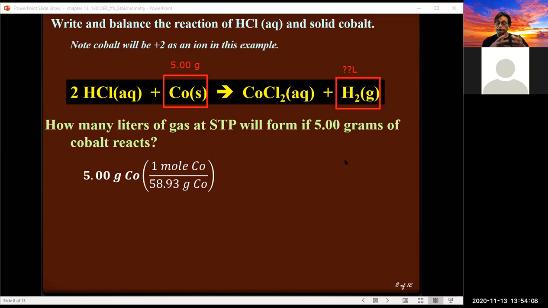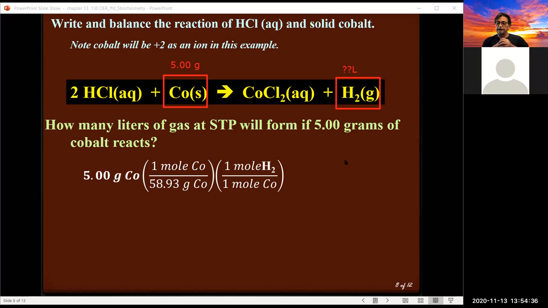Because I want moles of cobalt. My grams of cobalt cancel out. Now, from the balanced chemical equation, I know it's a 1-to-1 relationship, 1 hydrogen per 1 cobalt. So at this point, I have gone from grams of cobalt to moles of hydrogen.